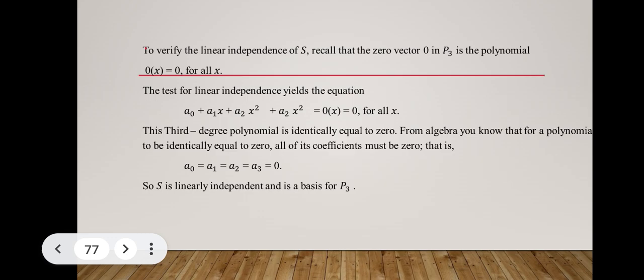From algebra, you know that for a polynomial to be identically equal to 0, all of its coefficients must be 0. So that is a sub 0 is equal to a sub 1 is equal to a sub 2 is equal to a sub 3, and that is equal to 0 as well. So S is clearly linearly independent, and also it is a basis for P sub 3.